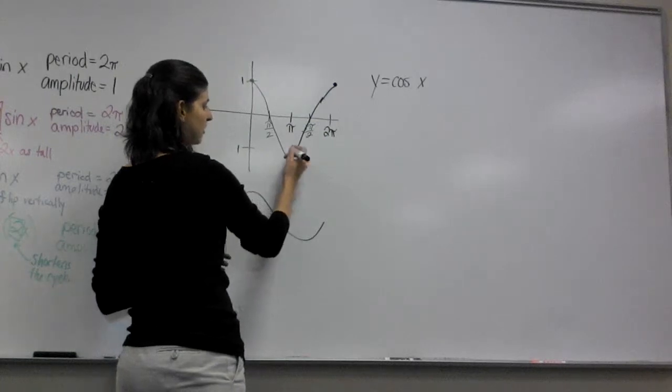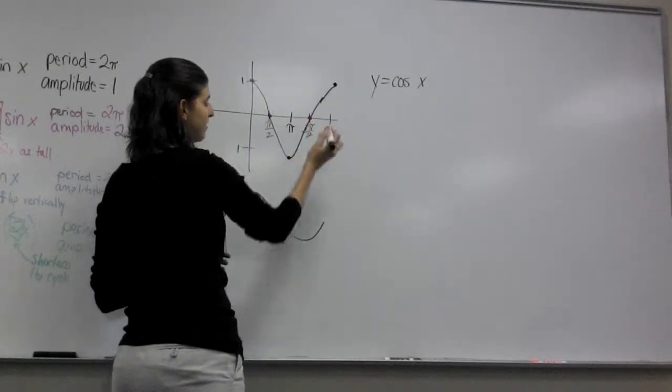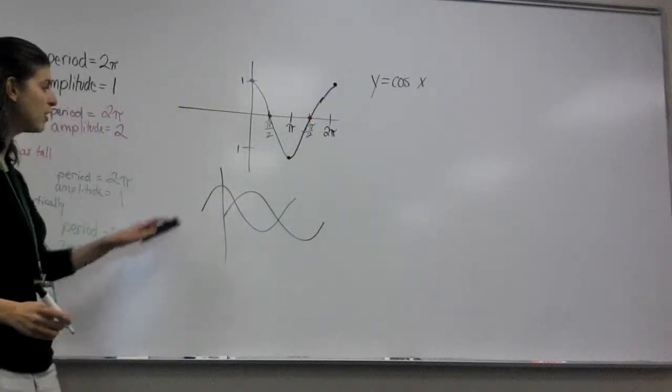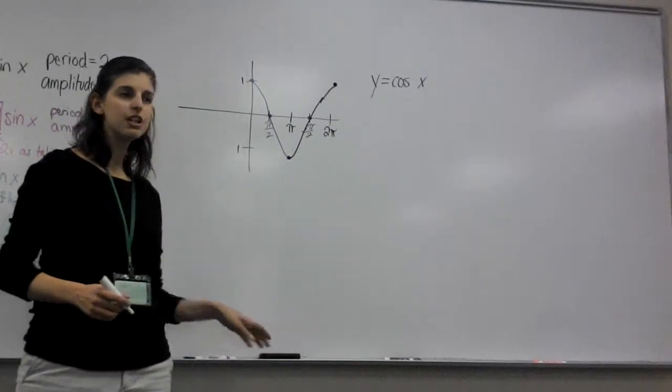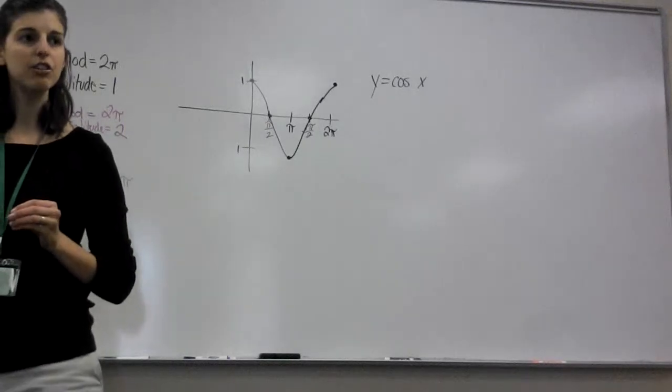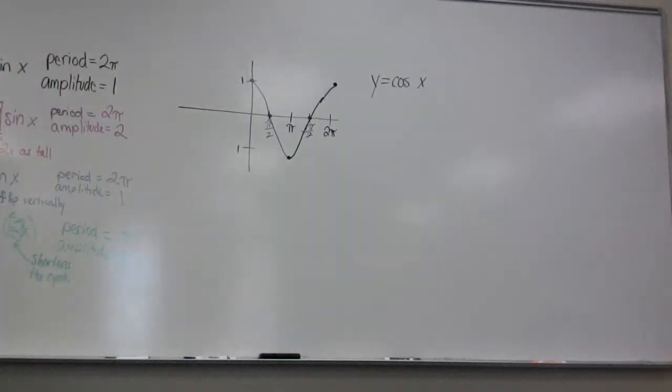Rough sketch, okay? The cosine function has zeros at pi over 2 and 3 pi over 2. Again, you can remember that because on your unit circle, cosine is the x value. Your x value is 0 when you're at the y-axis, which is pi over 2 and 3 pi over 2.